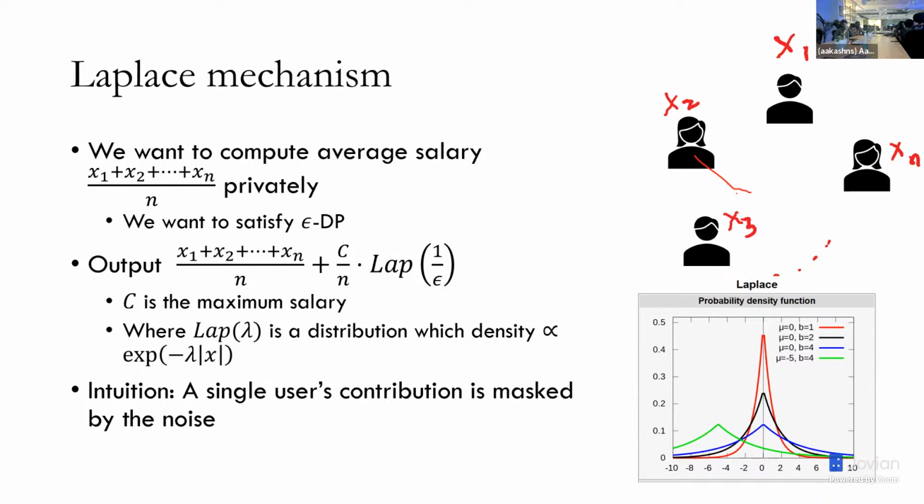But if the epsilon value is 1, epsilon is not going to contribute anything, right? In the Laplacian, no, it is Lap of 1 by epsilon. So if you increase epsilon, that reduces it. That's one divided by 1, so epsilon is not contributing.